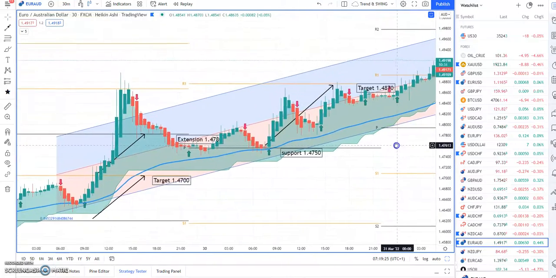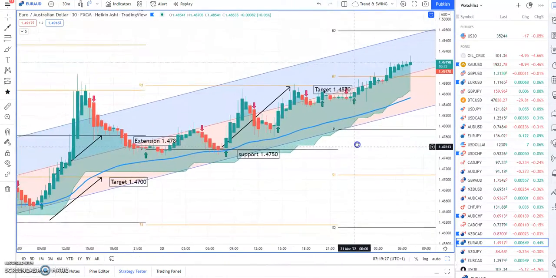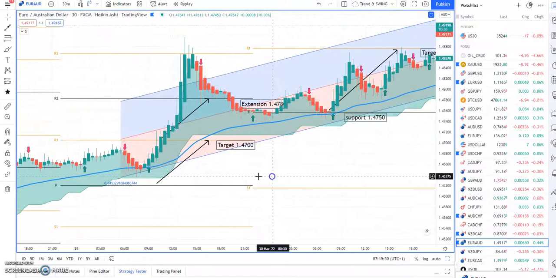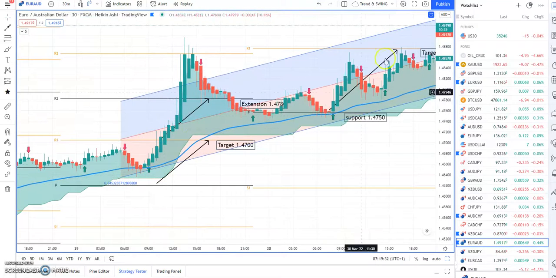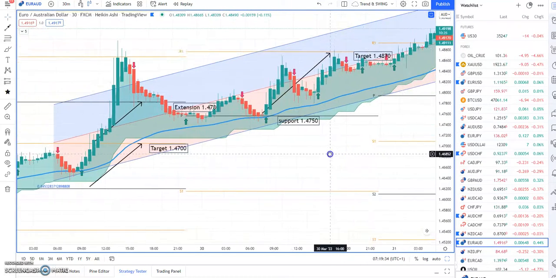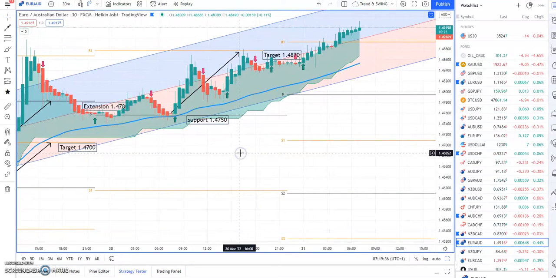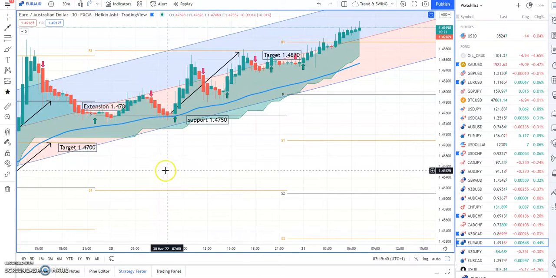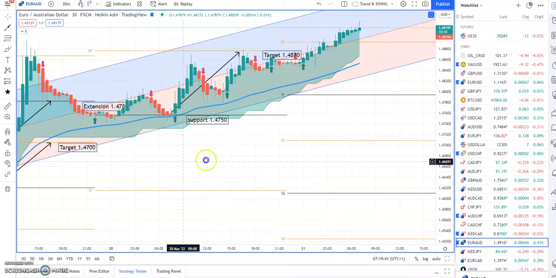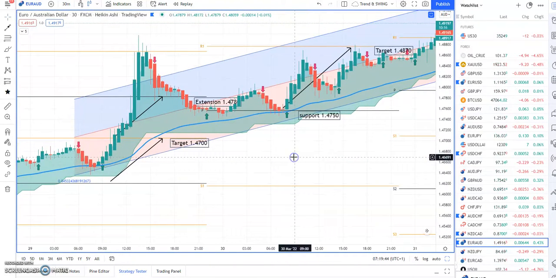And remember, guys, one of the golden rules of trading: if you get 2 successful trades in a row, that is it. Do not re-enter again, because at some stage this is going to come off, and third time unlucky. So on any conditions, on any time frame, if you get 2 successful trades in a row, then forget it.